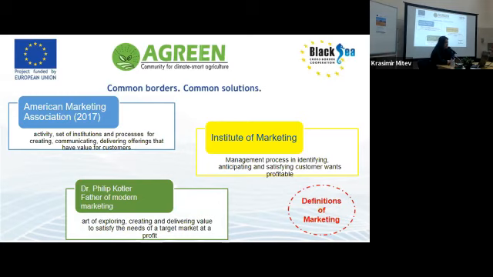The second definition comes from the Institute of Marketing, which states that marketing is a management process of identifying, anticipating, and satisfying customer wants profitably, always to make a profit, of course. And the final definition comes from Philip Kotler, the father of modern marketing, who states that marketing is an art of exploring, creating, and delivering value to satisfy the needs of a target market at a profit. As you can see, profit is everywhere.